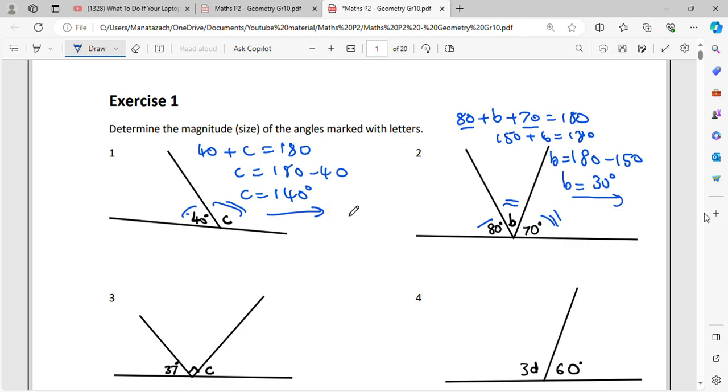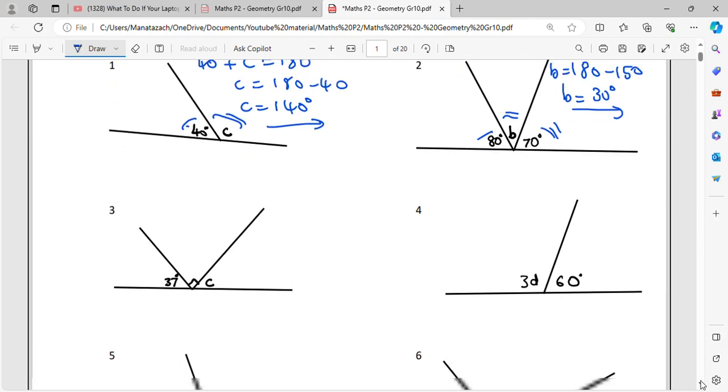Now let's go to question 3. Question 3, we also have three angles, 37, 90 degrees, also in a straight line. So we'll say 37 plus 90 plus C is 180.